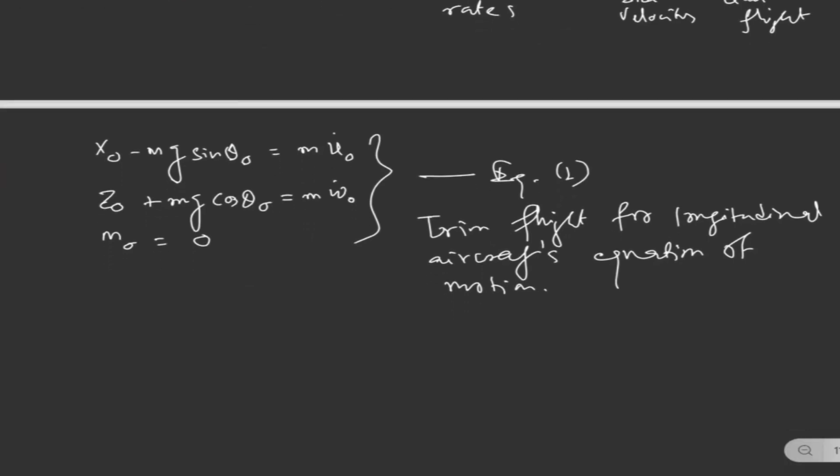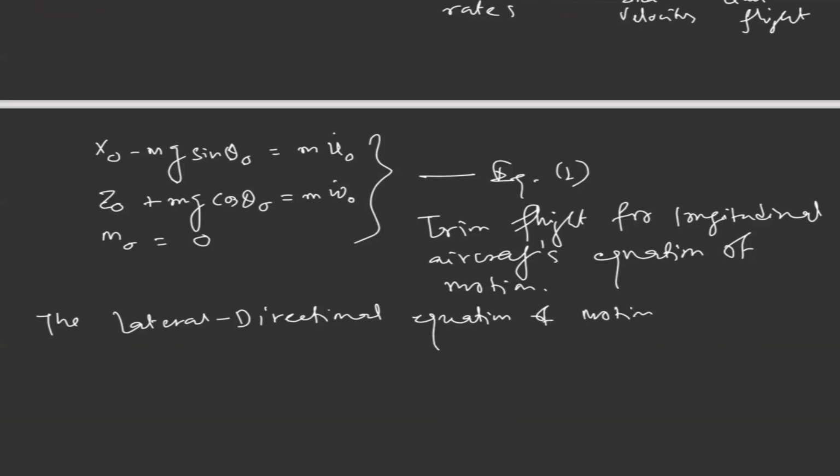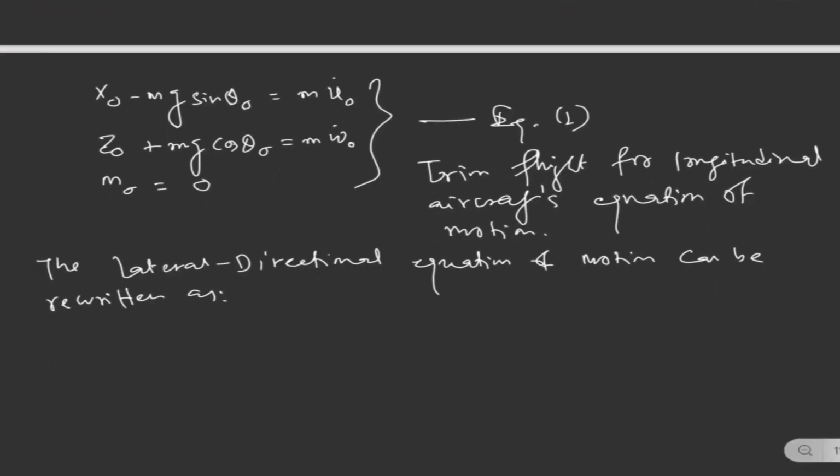Now let's look at what the trim flight condition of the lateral directional equation should be. Let us rewrite the equation of motion of the lateral directional equations of the aircraft. The lateral directional equation of motion can be rewritten as follows.